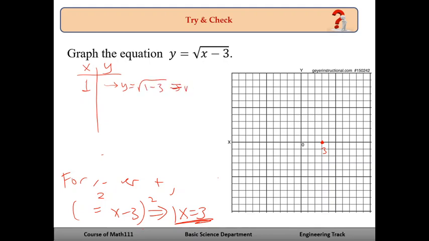Oh, this is bad because this is not real. So for x equal to 1, there is no value for y. So put 2 here, same issue. For 3, we got 0, and we already did that. 3, 0 is here.